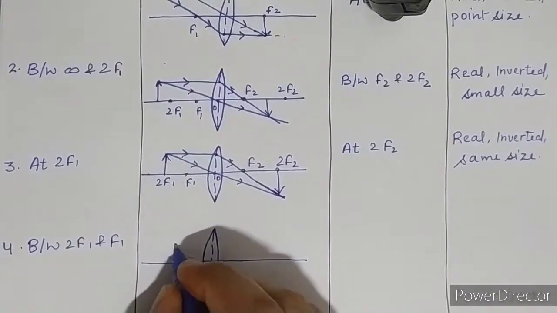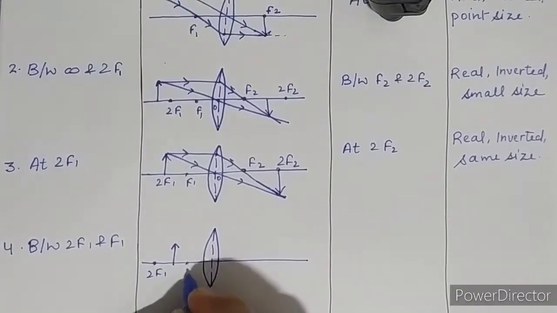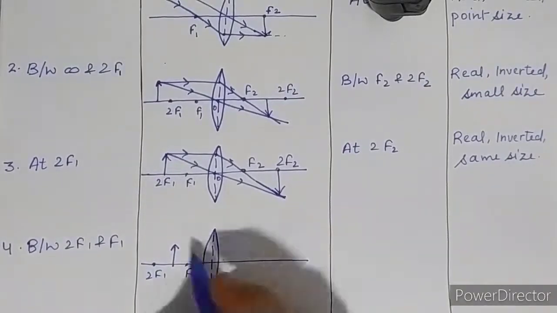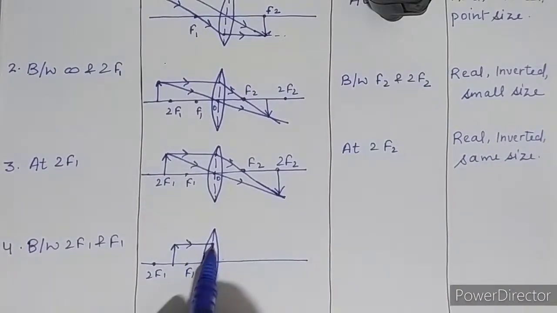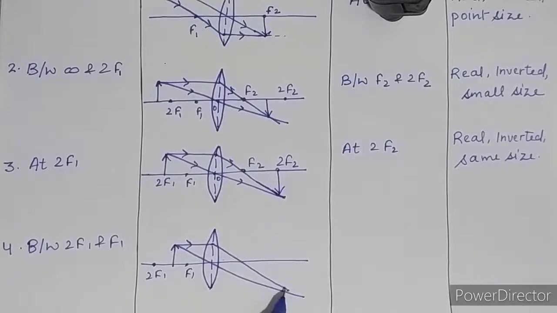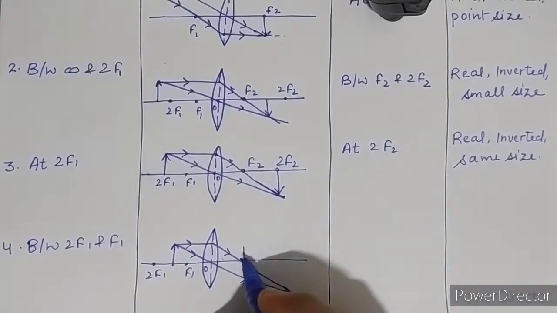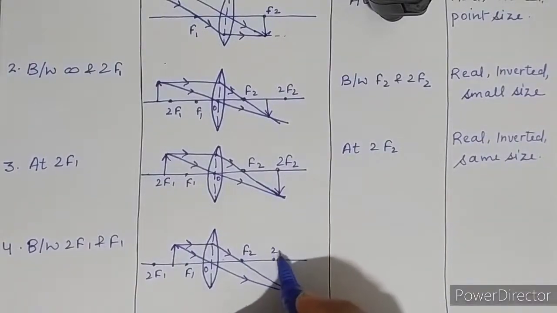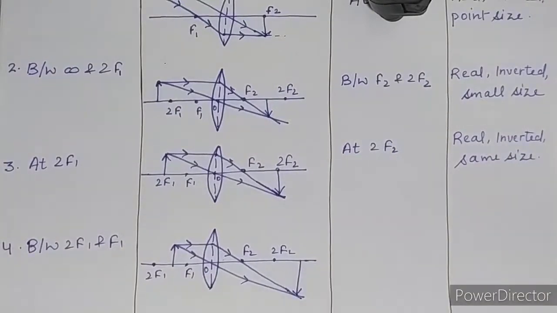Now here I have just kept an object between 2f1 and f1. When the ray of light comes parallel, it passes through the focus, and the second one passes through the optical center. So this one is your f2, here is your 2f2, and here the image has been formed.